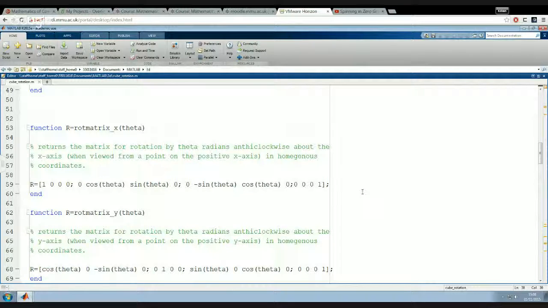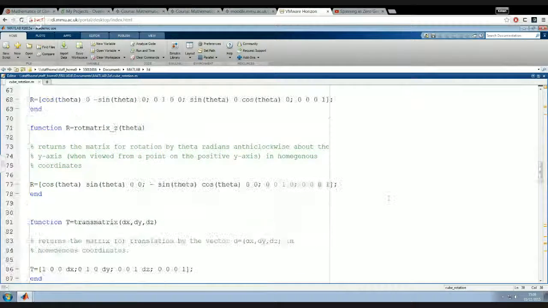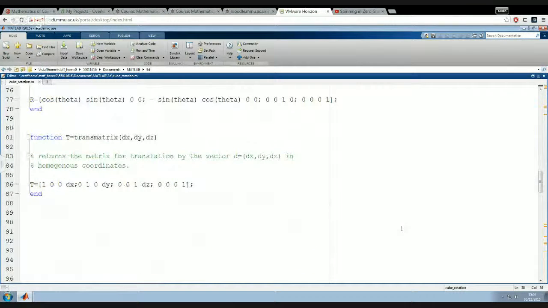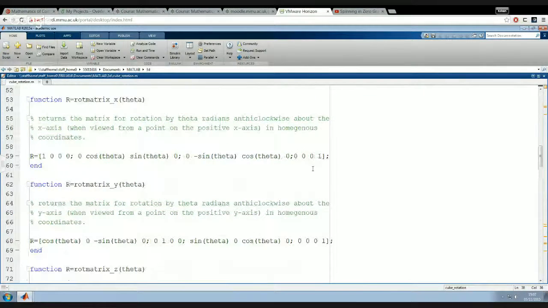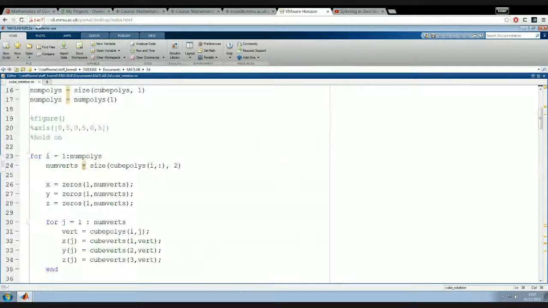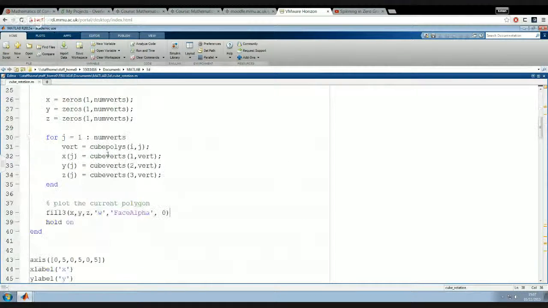I've just got one little function for each of those, which I'm going to use. And then I have this trans matrix, dx, dy, dz. That just gives me the 4x4 homogeneous translation matrix by the amounts dx, dy, dz in the x, y, and z directions, respectively. At the moment, that's all the program does. There's this numpolys loop, which executes the fill command 6 times, once for each face.